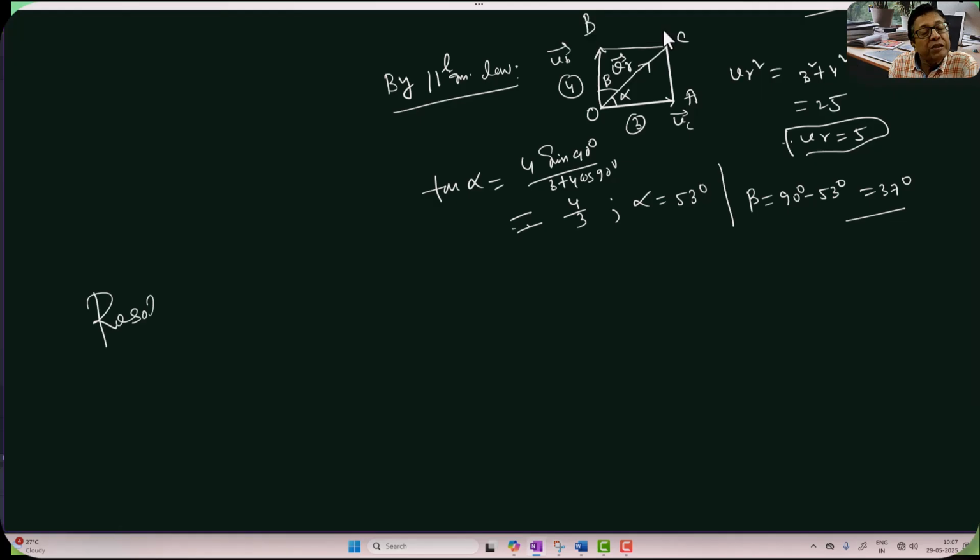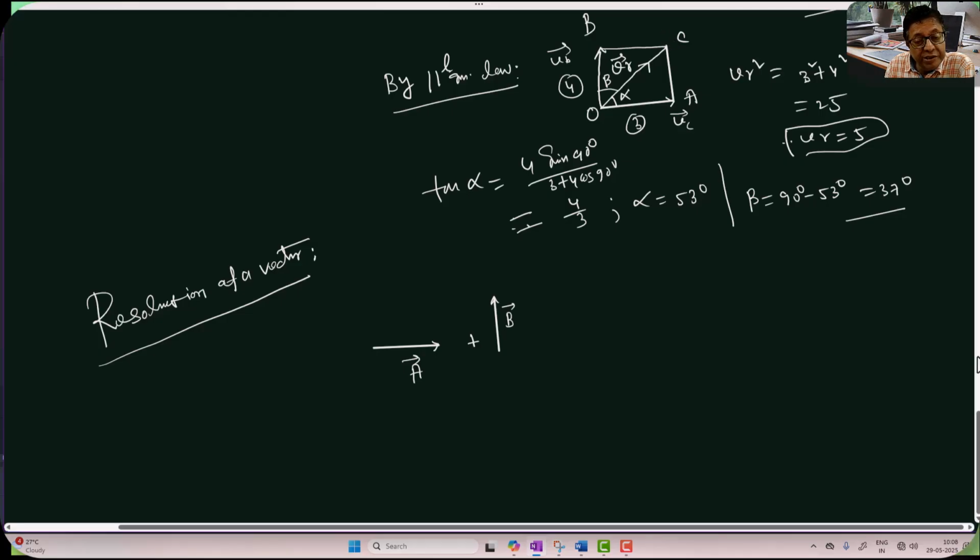Okay, what is that? This is resolution of a vector, or resolving parts of a vector. Suppose there are two vectors this way. This is vector A and this is vector B. You are adding these two vectors, that is A plus B. What will you get?